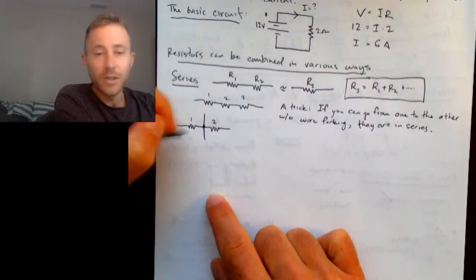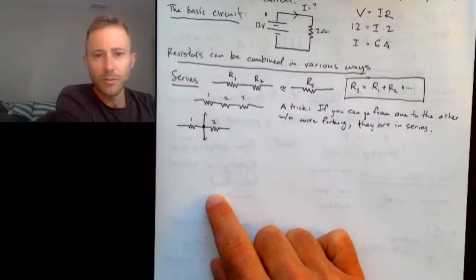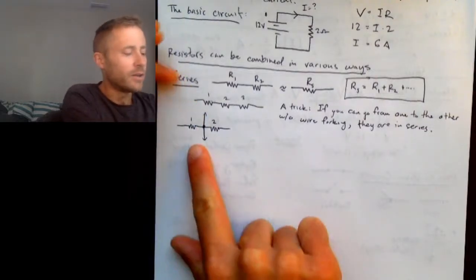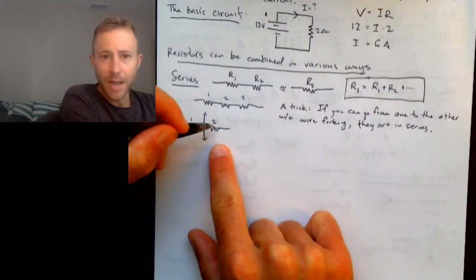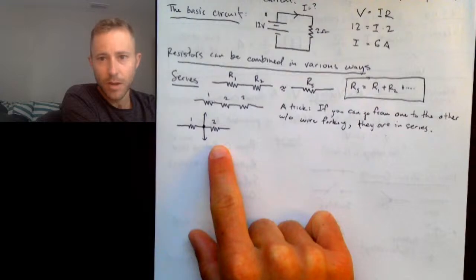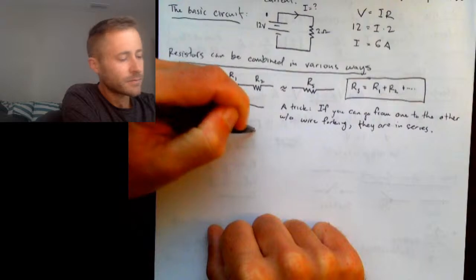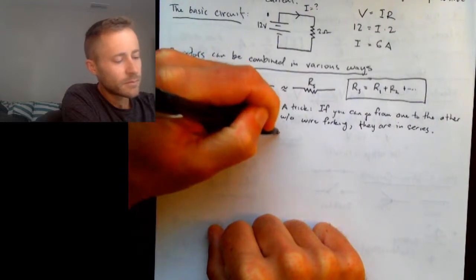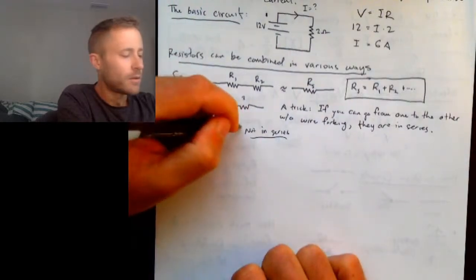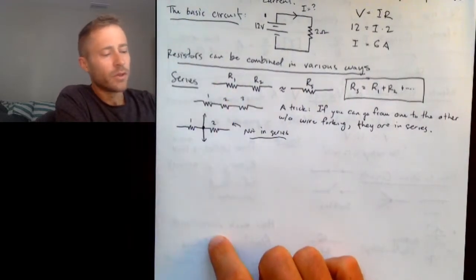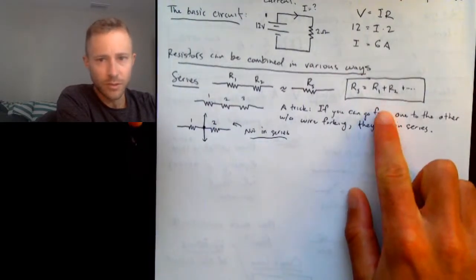This would not be a series connection, and I'm just going to say these go off somewhere else, because the wire forks along the path connecting them. So these are not in series. If you have 2 resistors in series, that's the equivalent resistance of them.